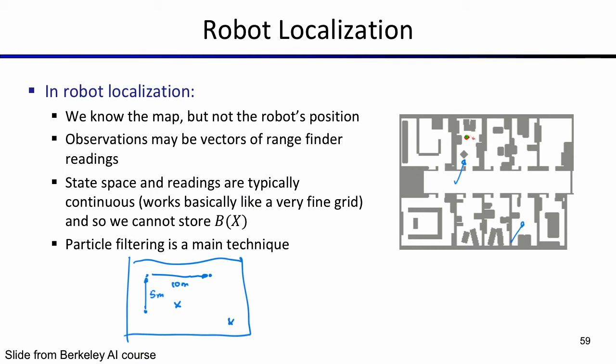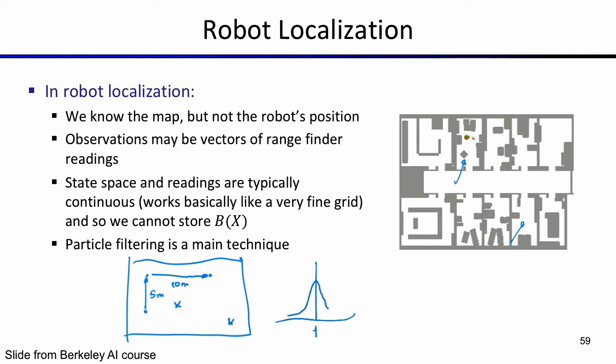So just to think about this example and try to make it a little bit more concrete, let's think about some possible ways of implementing the transition and the emission probabilities. For the transition probabilities, we can think about something that's very simple. Actually, we can think that when I command the robot to move, for instance, 1 meter, it can move 1 meter, but it can also move less or more than 1 meter.